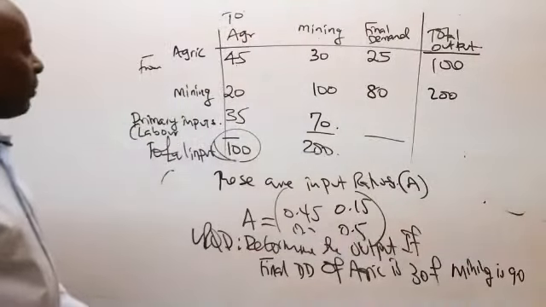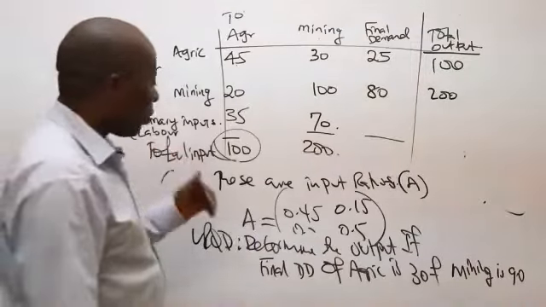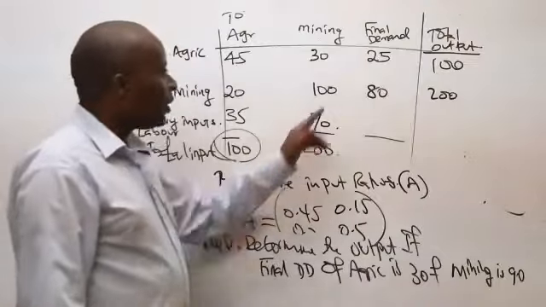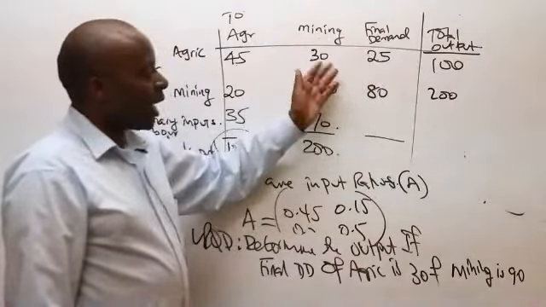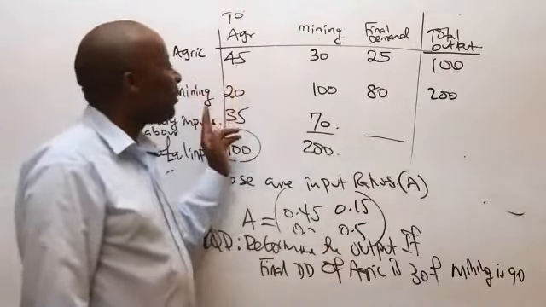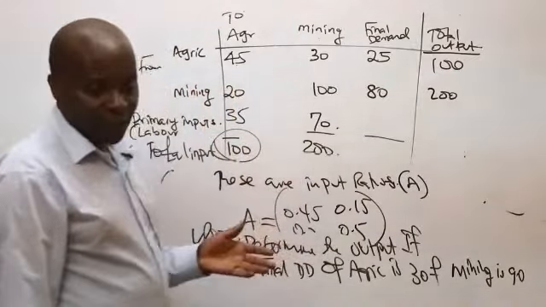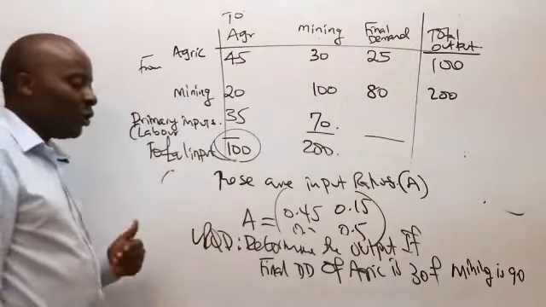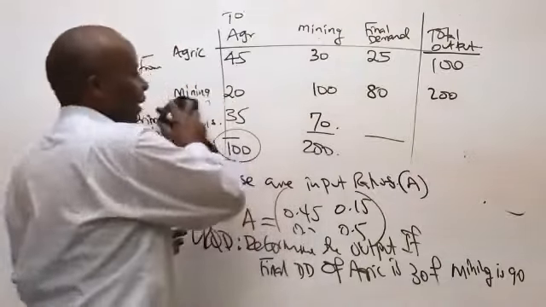So, ladies and gentlemen, remember, you'll get a situation in another requirement where the examiner tells you to determine the output if the final demand changes, say to 30 and 90 for agriculture and mining respectively. In that case, what shall you do? That is very easy. This table is now useless.